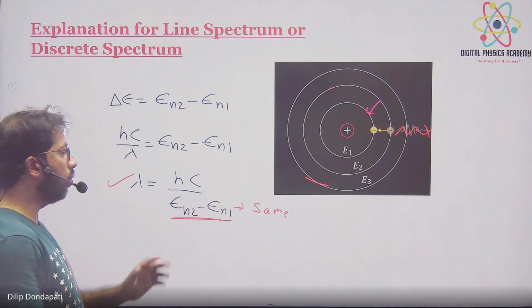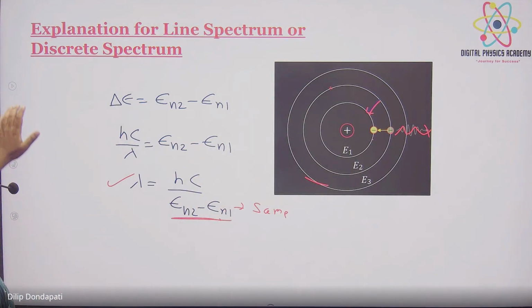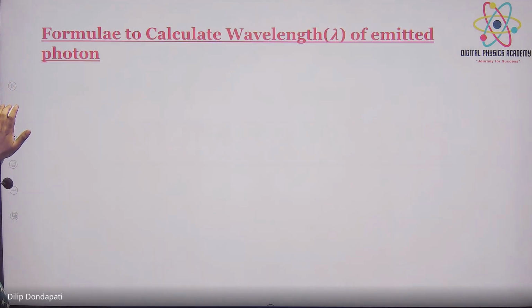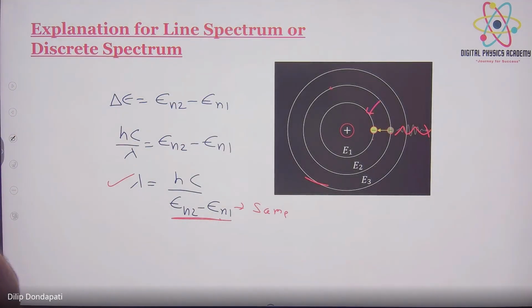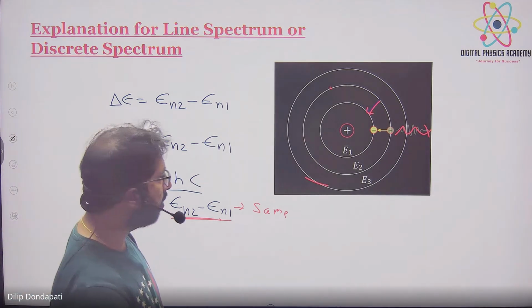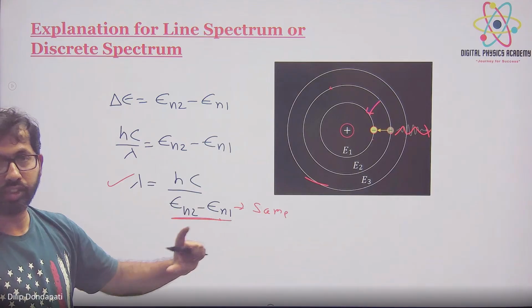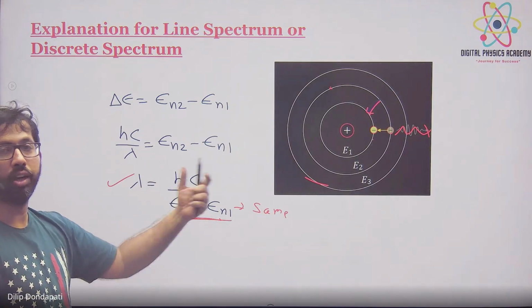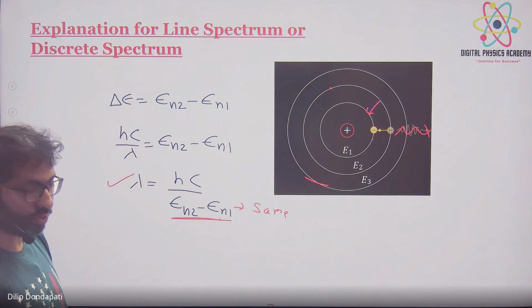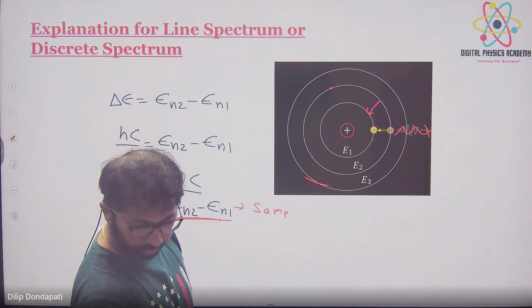That's why only a discrete spectrum will come from this. And lambda के बारे में, we know how to calculate, right? 1 by lambda is equal to RZ square वाला formula use करके we are trying to find the wavelength. Many questions will do next class.